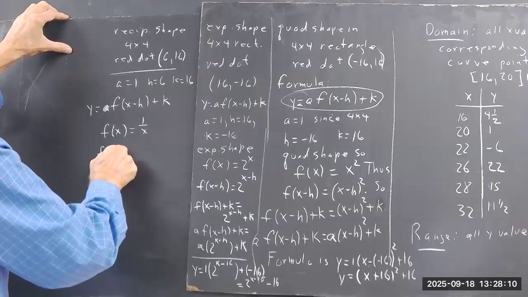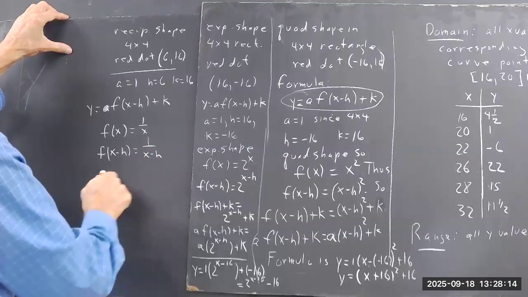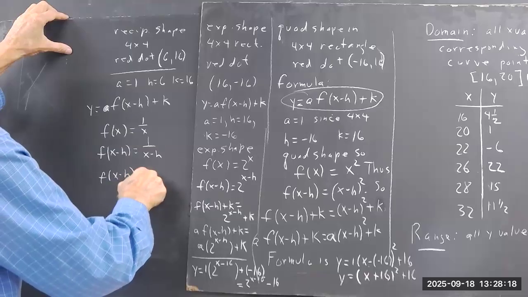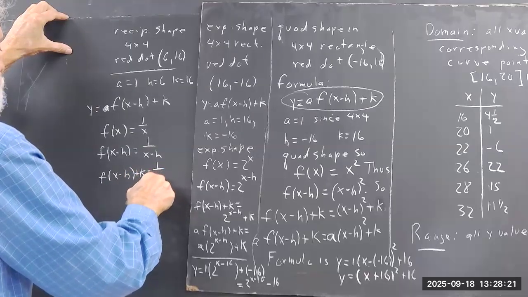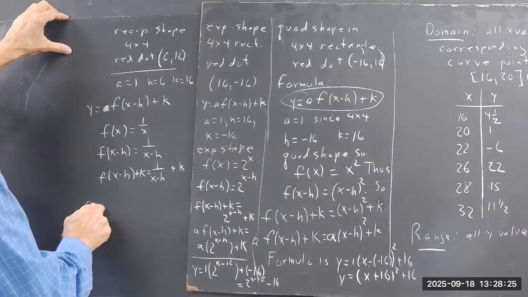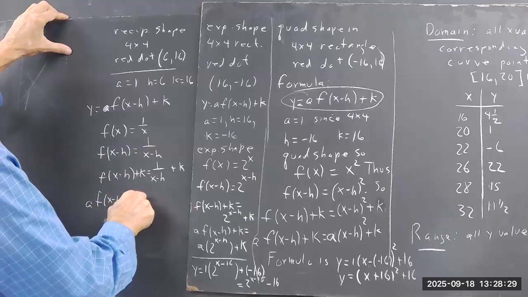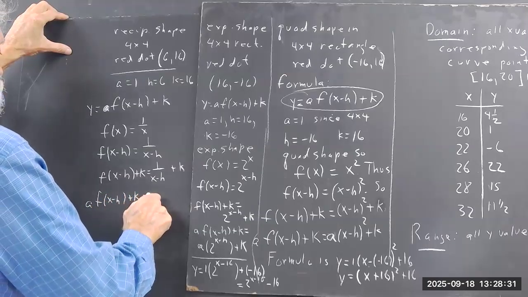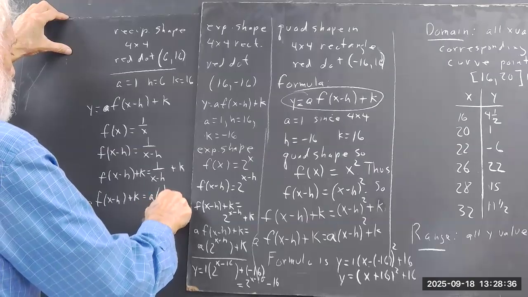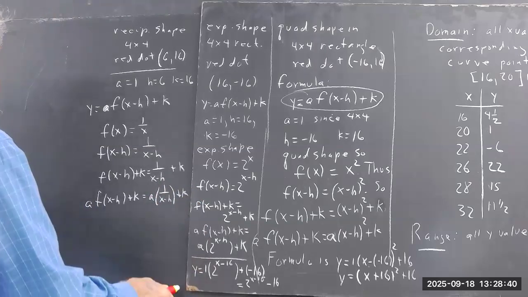So f of x minus h is 1 over x minus h. F of x minus h plus k is 1 over x minus h plus k. A f of x minus h plus k equals a times 1 over x minus h plus k.